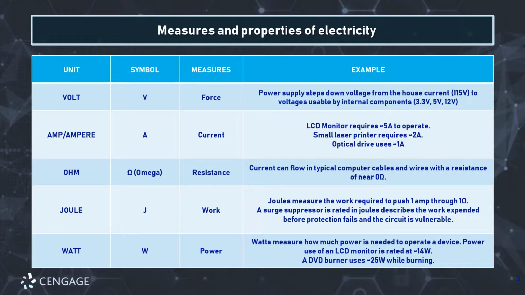The power supply, in our example here, takes the voltage that comes out of the wall, 115 being the traditional house voltage, and makes it usable by internal components of the computer. So 3.3, 5, and 12 volts are the most common. Those are the ones I want you to worry about.